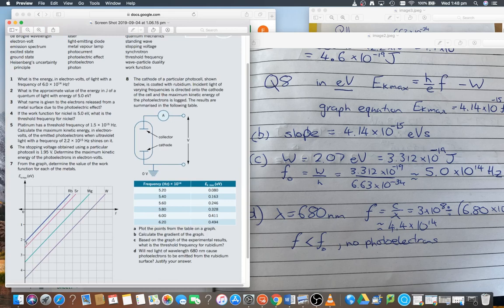If we were to do this, rubidium, the blue line, I think it's rubidium. This horizontal line is 2.5 in the negative, so about in the middle, you could say that's 2.25. So I would guesstimate that to be about 2.2 electron volts.